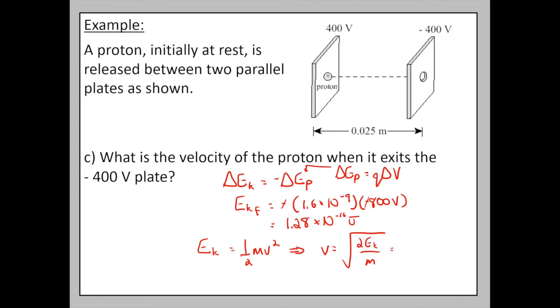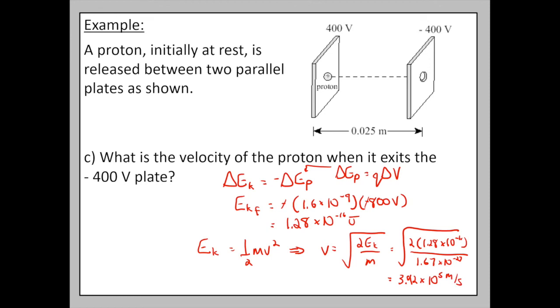And so if we plug in our values now, this is going to be the square root of 2 times 1.28 times 10 to the minus 16, divided by the mass, which for a proton is 1.67 times 10 to the minus 27 kilograms. And once you perform that calculation, you should get 3.92 times 10 to the 5 meters per second.